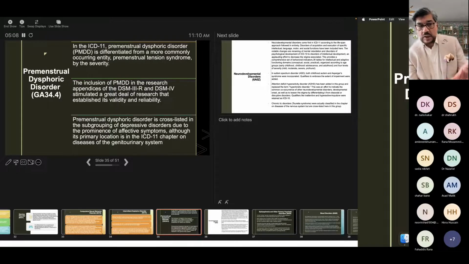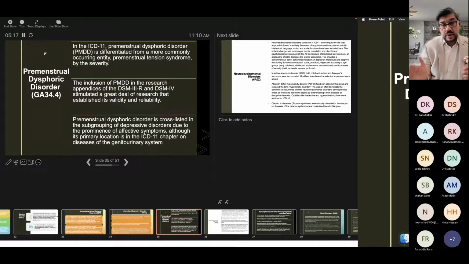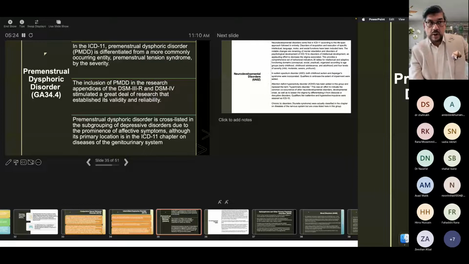So the reason why this code, GA34.4, is not mental is because the diagnostic classification for PMDD is now included in the genitourinary system. So it's no longer mental only, it's more physical as well. That's the reason the classification was shifted from mental and behavioral disorders to general systemic disorders of the genitourinary system, involving mental ailments as well.